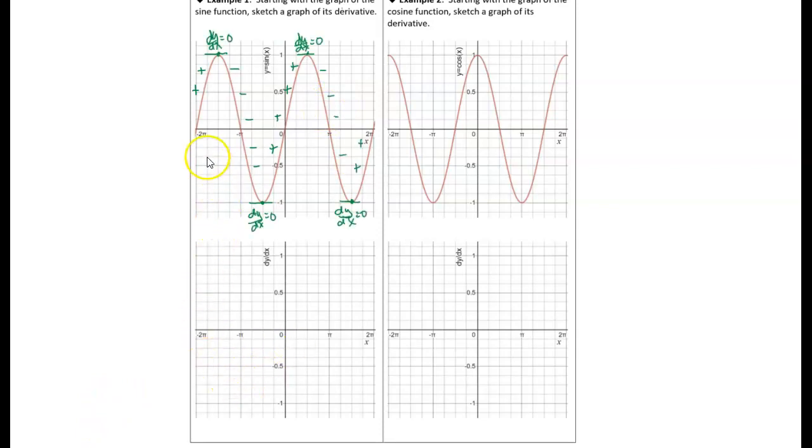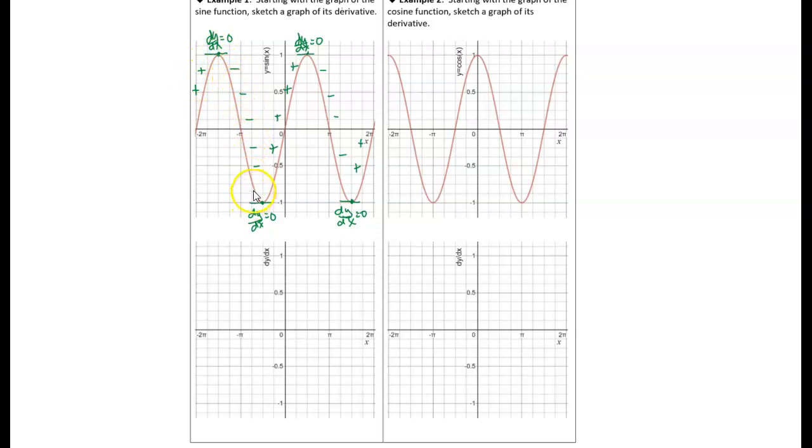All right, so when the slope is positive, then our derivative is positive, which means it's above the x-axis. So our graph is going to be above the x-axis, and then it changes direction, going from increasing to decreasing.